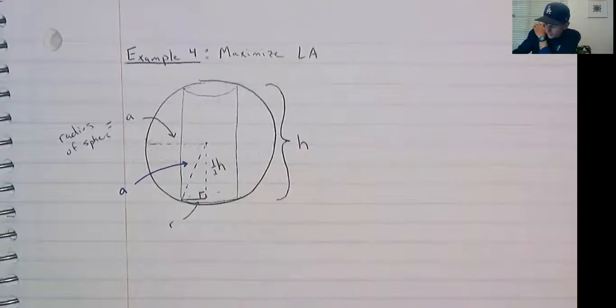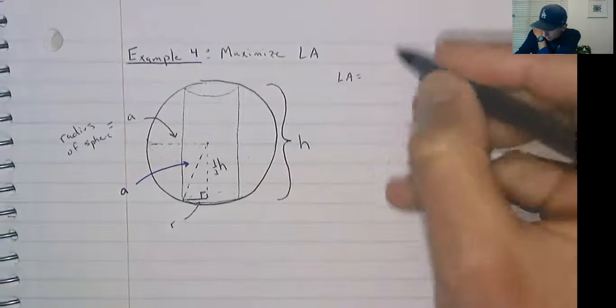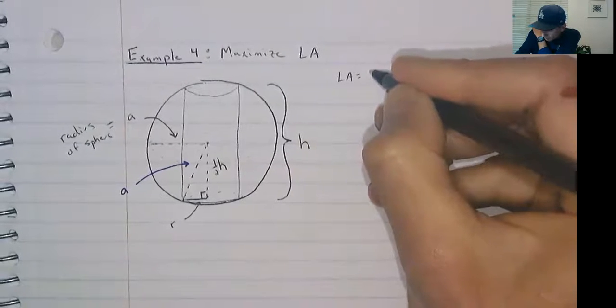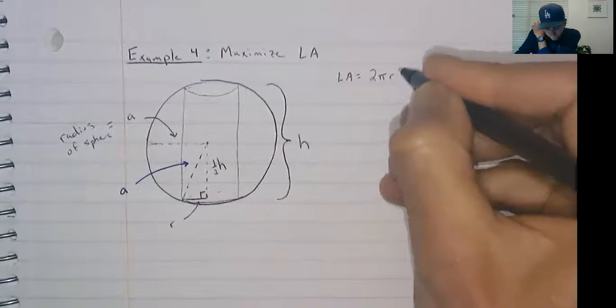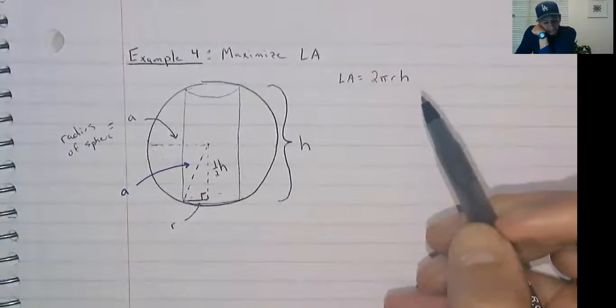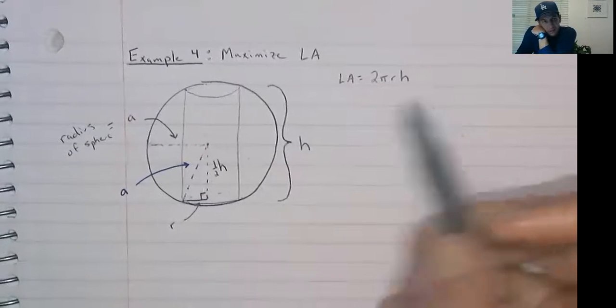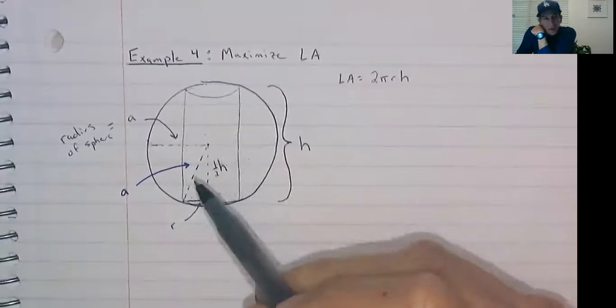So the lateral area is the 2 pi r times the h. We've seen that before. But we want it in terms of A. Is that what's going on here? Yeah, we want it in terms of A.